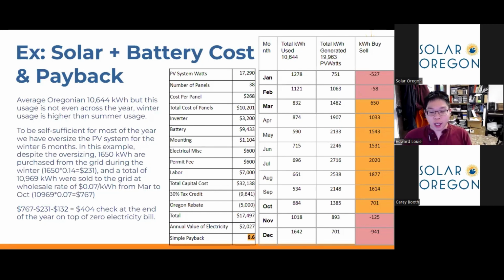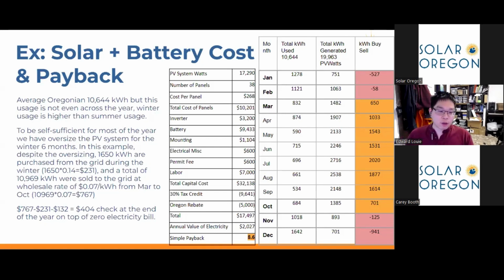And then in the winter time, even though I oversized the system so that it net zeros in the winter 6 months, there's still the darkest December, January, and a little bit of February, and a little bit of November also, where even this oversized solar system is not enough to keep up with the house's energy usage.